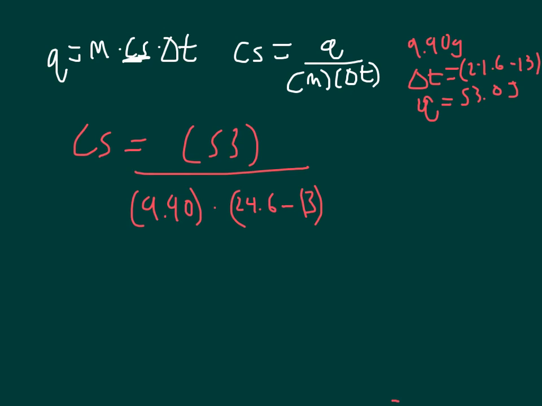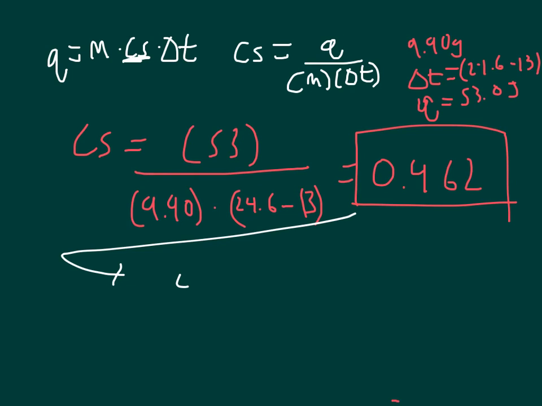So when you get this in your calculator, you should get a value of roughly 0.462. Obviously there are no units here, so let's add them: 0.462 joules per gram times Celsius. And that is the value.